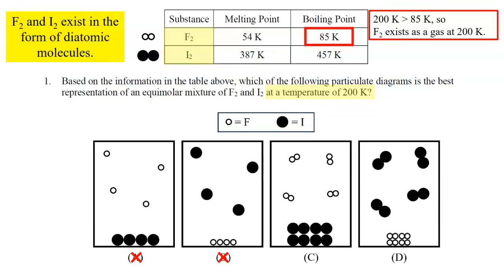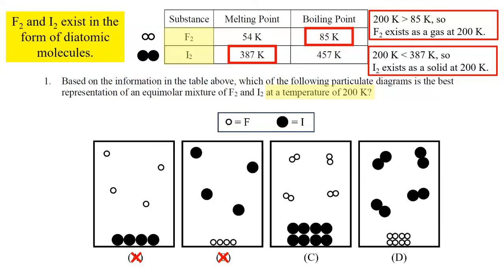And since 200 kelvins is less than the melting point of iodine at 387, that means that at 200 kelvins, iodine would exist in the form of a solid. So the correct particulate diagram should show solid iodine and gaseous fluorine. So the correct answer to question 1 is choice C, which shows solid iodine and gaseous fluorine.